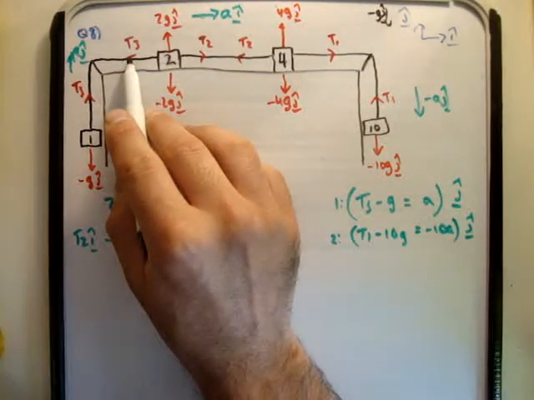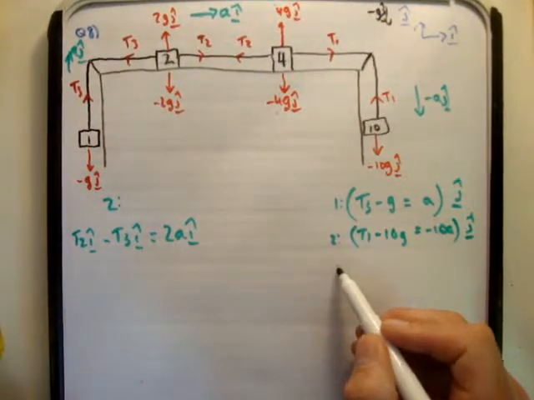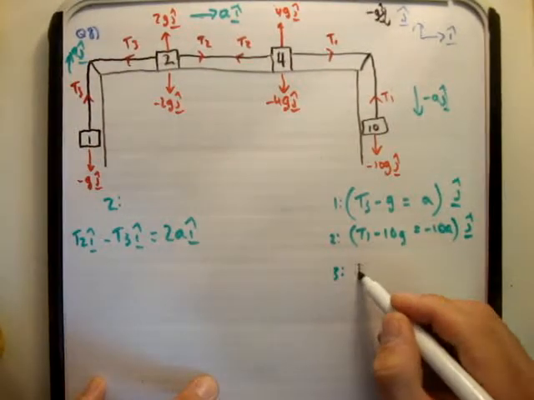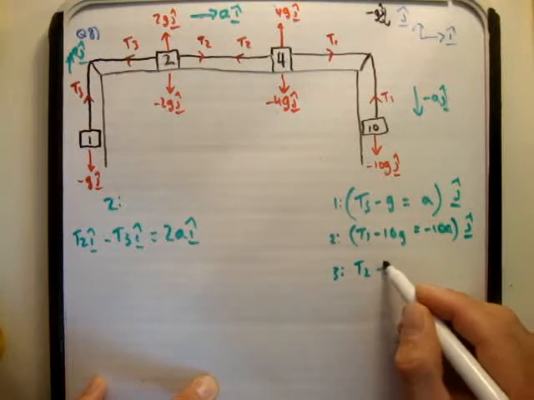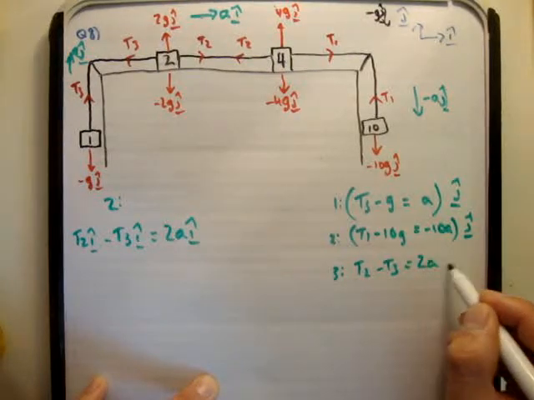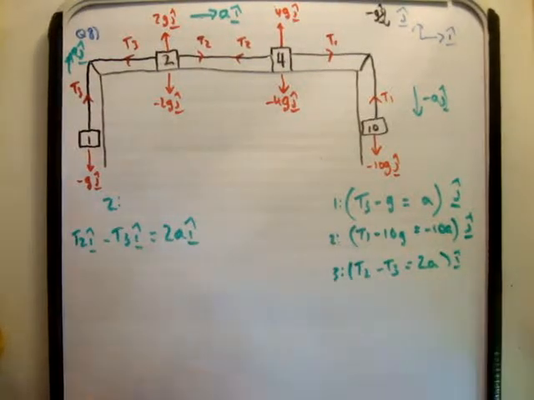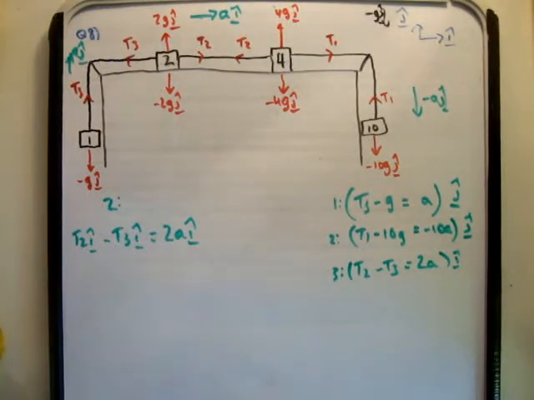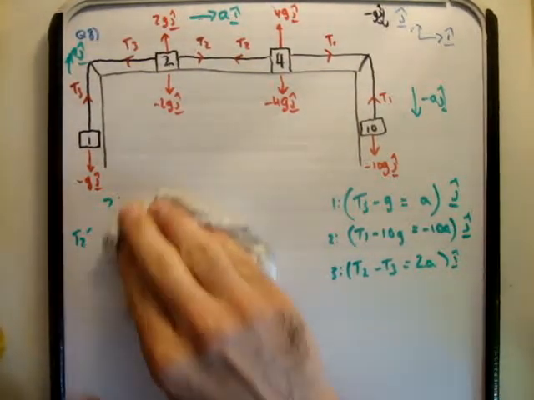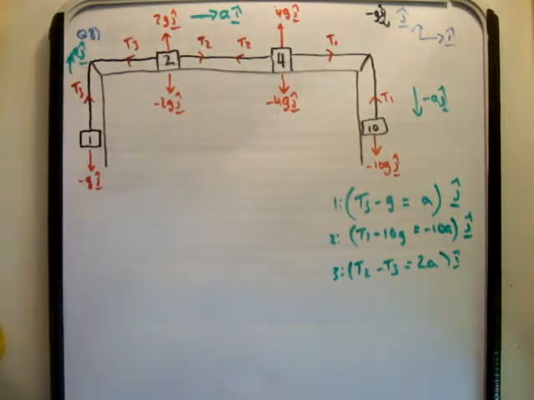Okay, notice this is negative i hat, this is positive i hat. So we're going to get equation 3: T2 minus T3 is equal to 2a i hat. Of course you can put in the j hat vectors if you like, but in the end they would just have cancelled out.